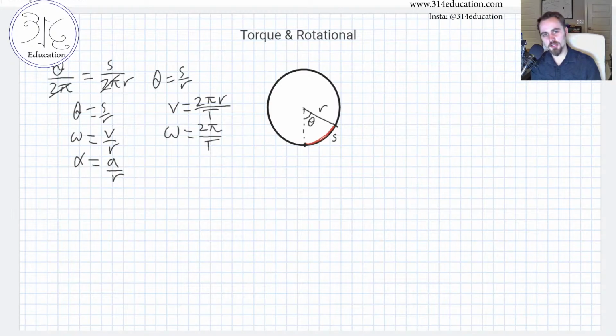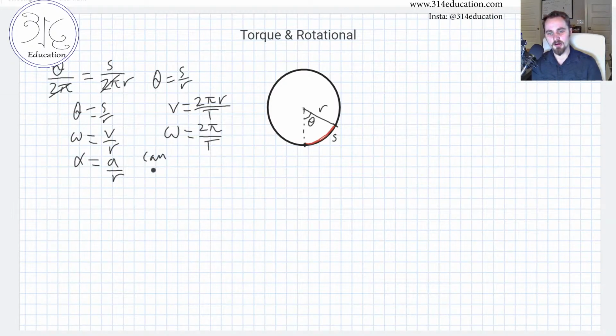But this is our acceleration in the tangential direction as we are increasing the rate of our rotation. And so these three ideas, this is our angle, this is our angular velocity, this is our angular acceleration. These three relate using kinematics.